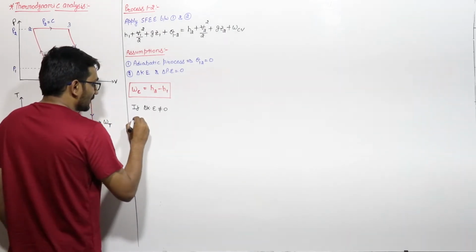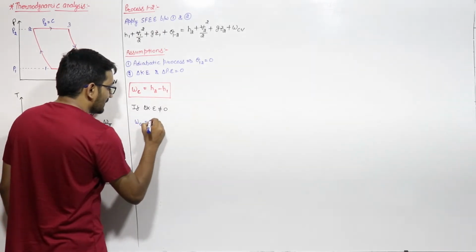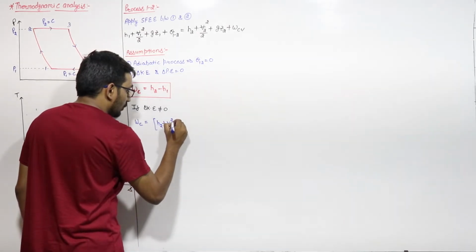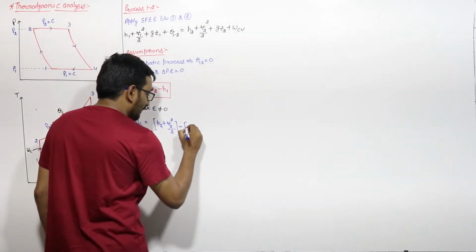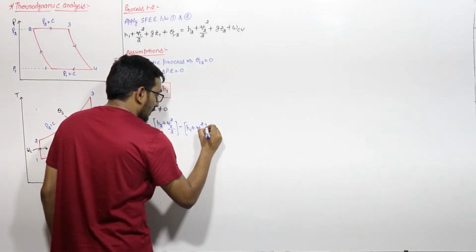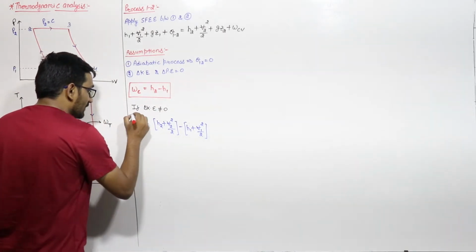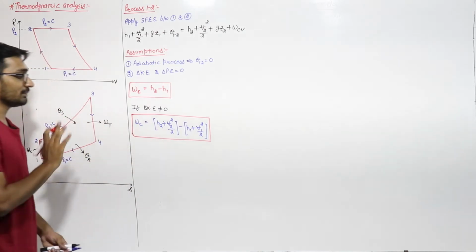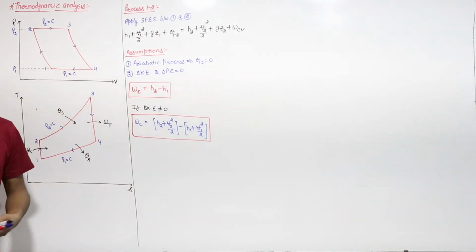In that case, the work required by the compressor will be H2 plus V2 square by 2, the kinetic energy factor, minus H1 plus V1 square by 2. If the velocity terms are given, you cannot neglect them. You have to use this formula. If velocity values are not given, you can directly write H2 minus H1.